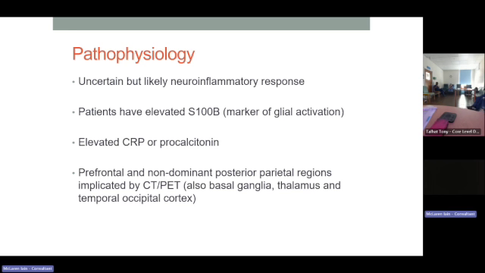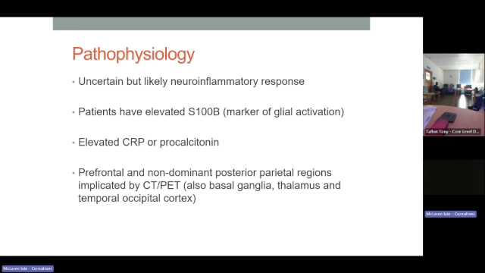And you see those elevations as well in patients with neurotrauma or hypoxic brain injuries or encephalopathies. They may also demonstrate elevated CRP or elevated procalcitonin. Again, not really particularly as markers of infection, but as markers of inflammation.